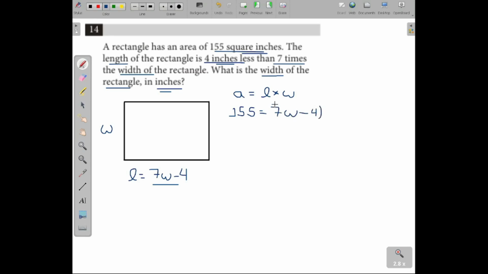And we have to multiply this by the width. So if we solve this equation, we'll find the value of the width. 155 is equal to 7 times w times w will be 7w square minus 4 times w.